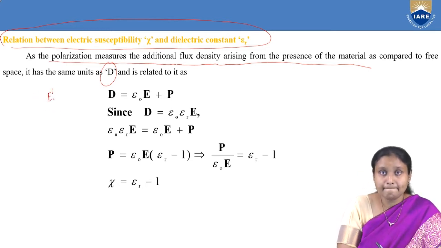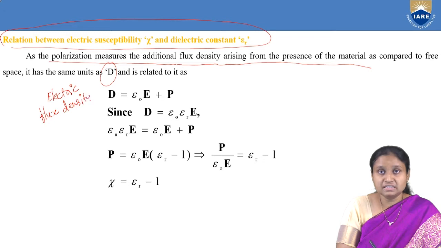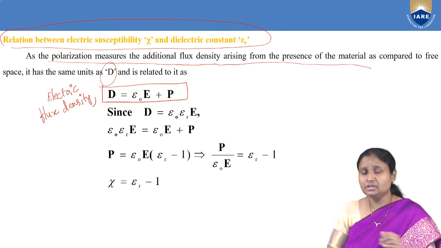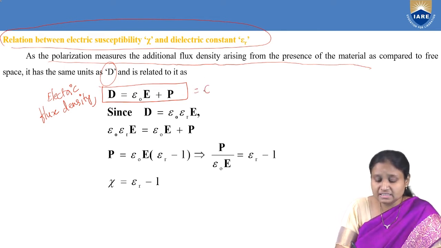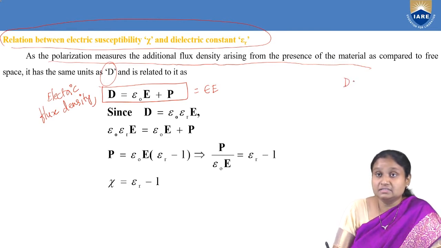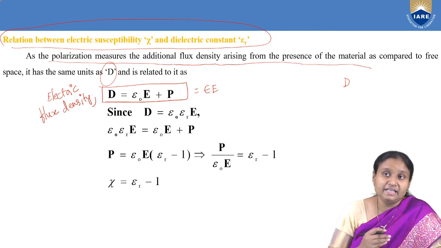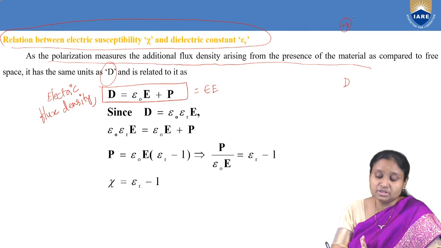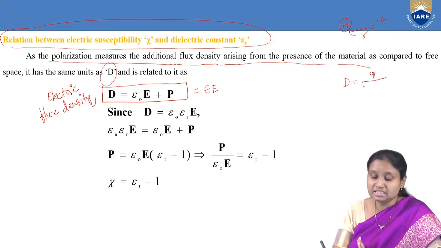This is the formula for D, right? And it is also given as epsilon E. As I told you, electric flux density D is defined as follows: if I take a point charge and try to measure the flux at one particular point at a distance r, then flux density is taken as the magnitude of charge divided by surface area.